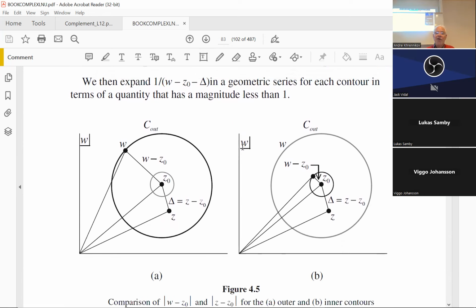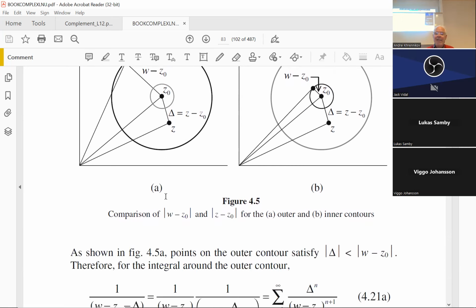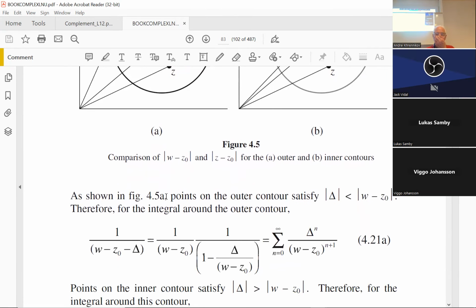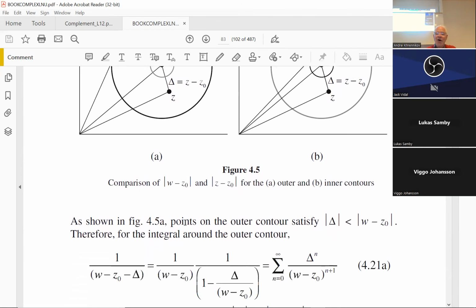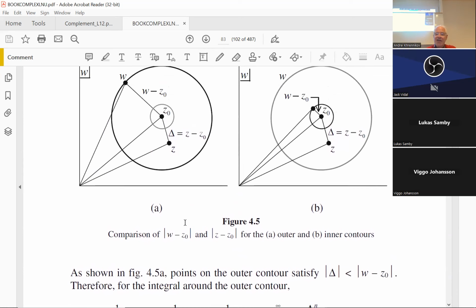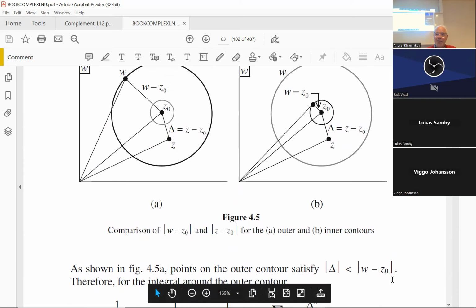And now both integrals, for out and in, we make with this parameterization. And what we now do, we consider two cases. This case when this delta is less than W minus Z0.